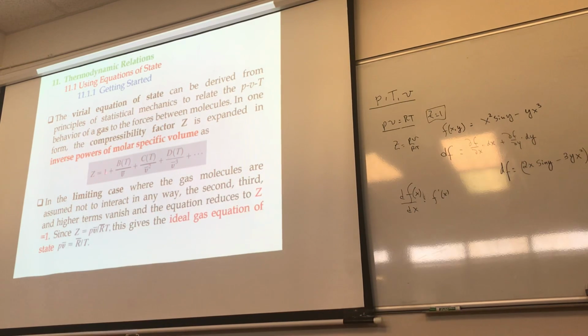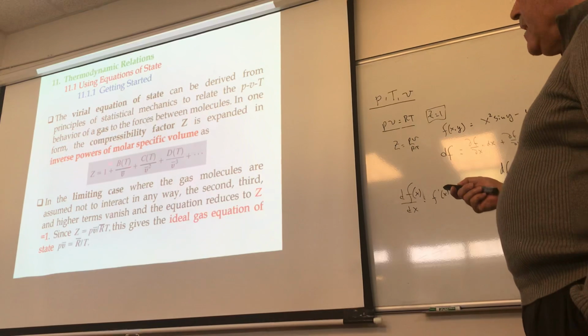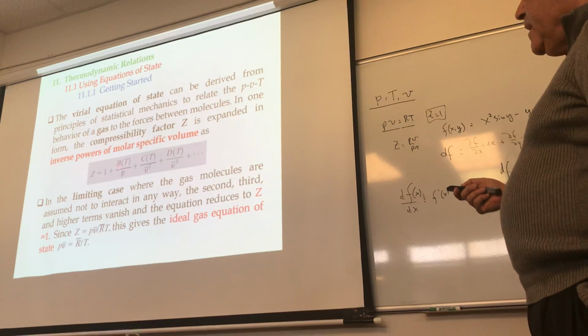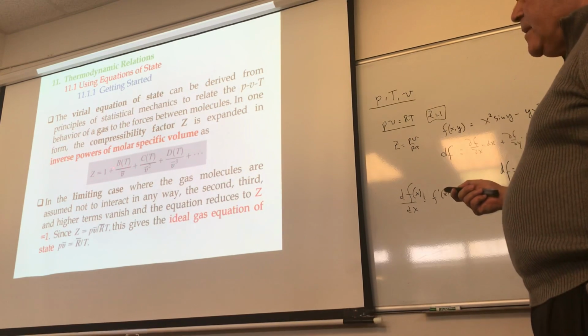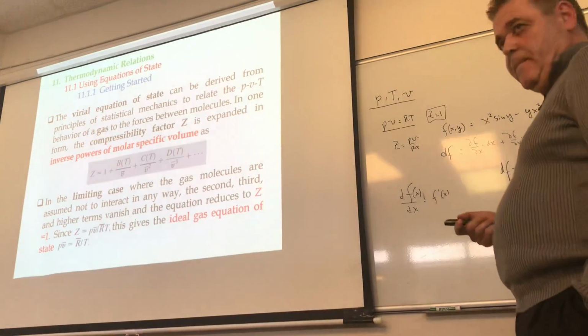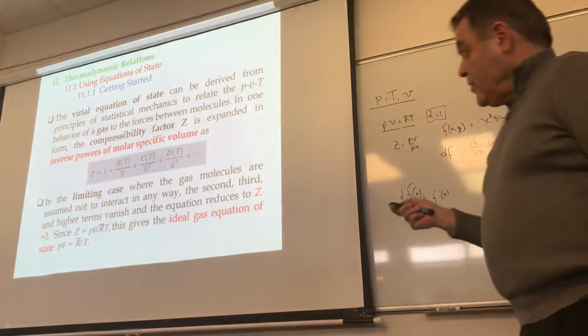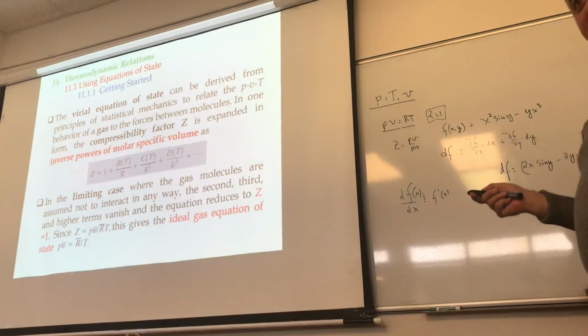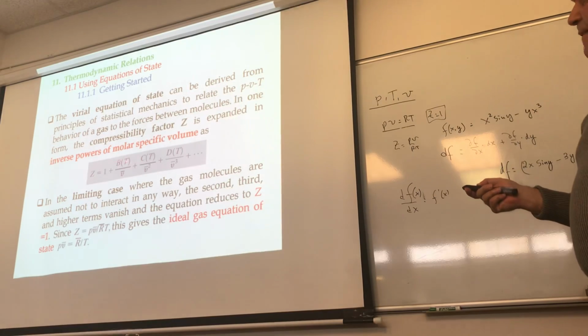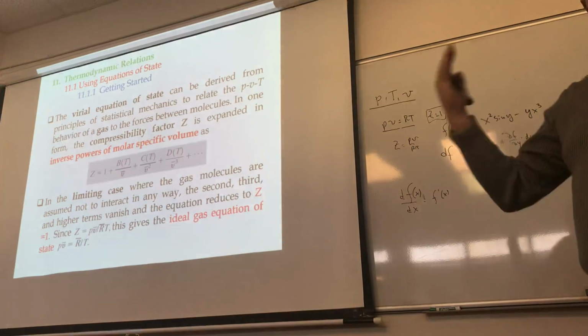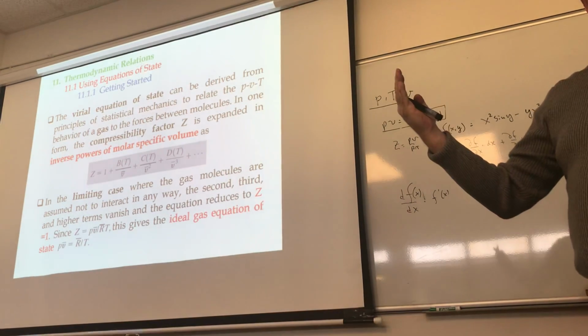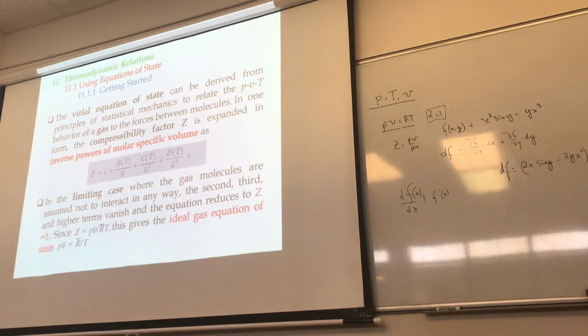So initially we had this equation which shows 1 plus B over V, plus C over V squared, plus D over V cubed. What does this B(T) mean? Does it mean it's B times T, or does it mean that B has to be a function of T? It's a function of T. So not only is this equation highly nonlinear, but even these coefficients are themselves functions of temperature, okay? That's insanity.